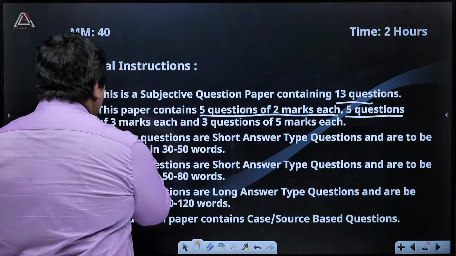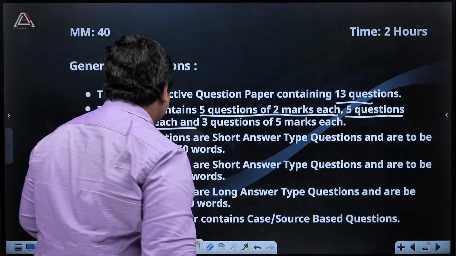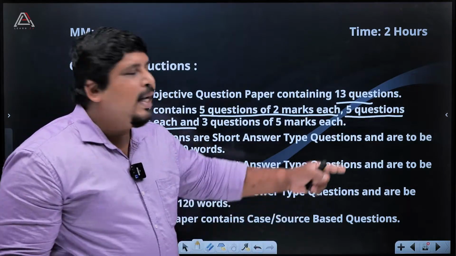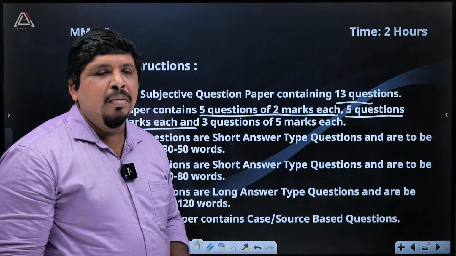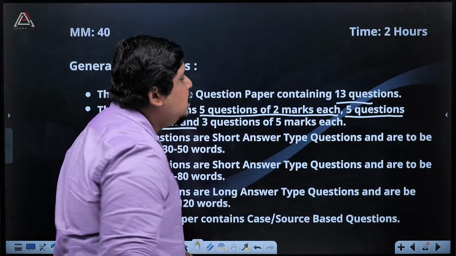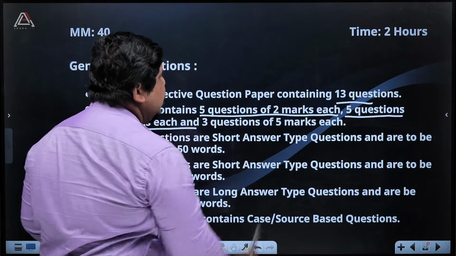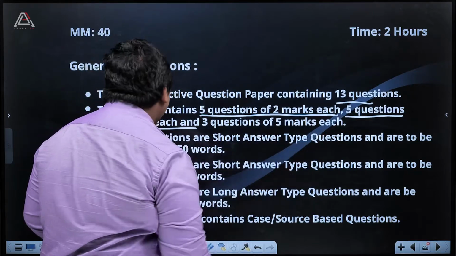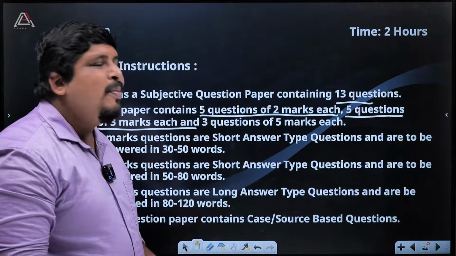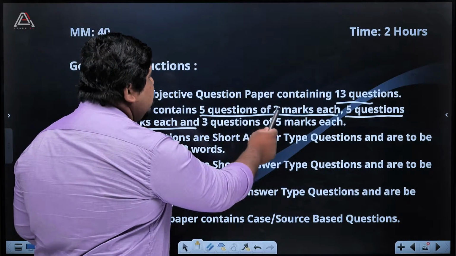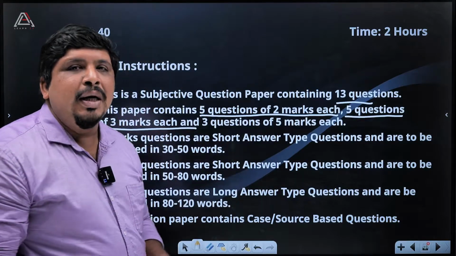Then 5 questions of 3 marks each. Again you will get 5 questions, 3 marks each. This one is short answer, and the earlier one very short answer. So total how many marks? 5 questions of 2 marks, that is 10 marks.